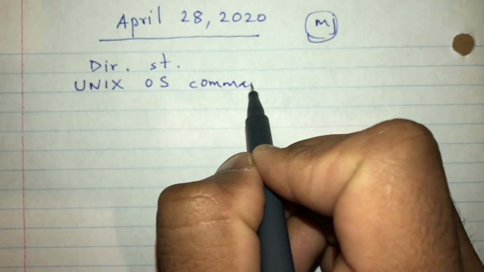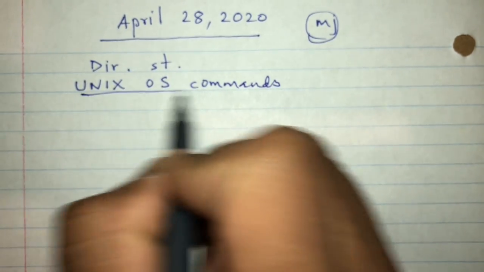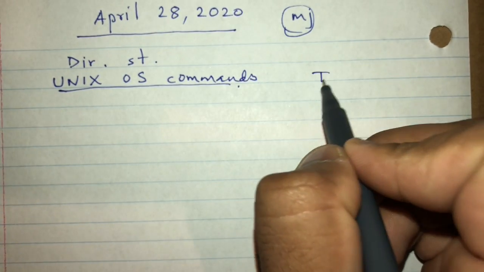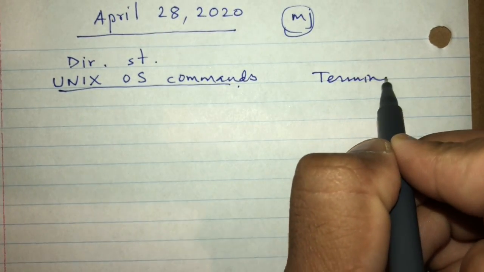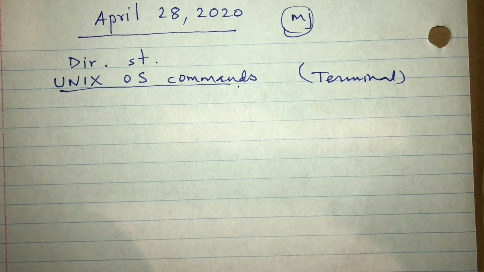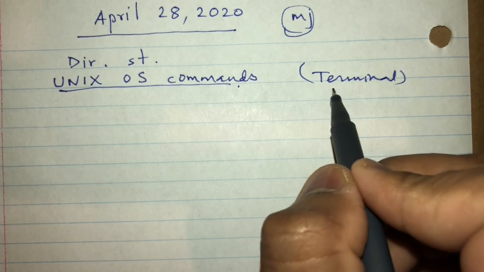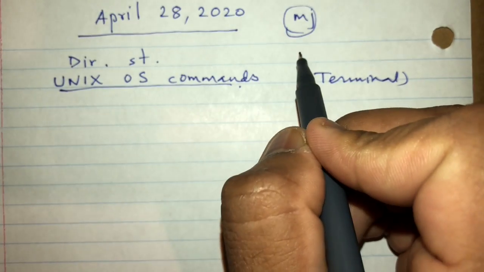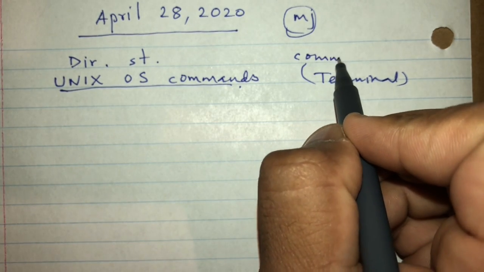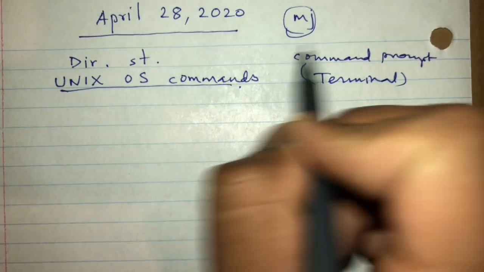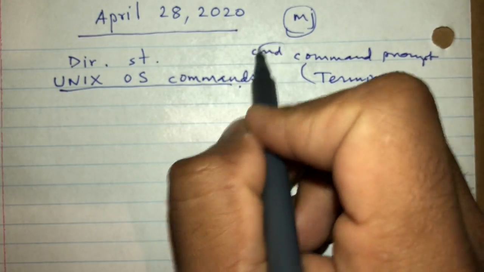Please note that all these commands are run from a terminal window. If you know what that is, it's a black window which opens up when you click on terminal in Unix, and if you want to see the same window in Windows, it is called command prompt, which is also known as CMD.